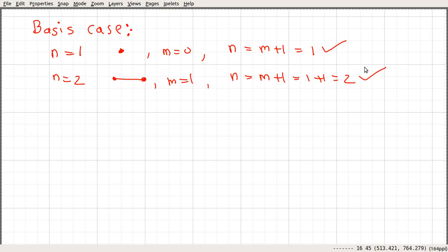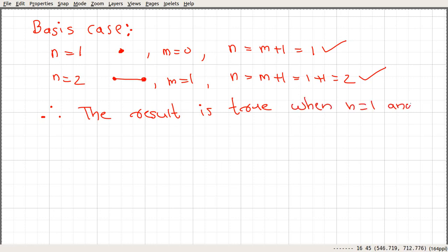We checked for n equal to 1 and n equal to 2, so that's the basis case. Therefore, the result is true when n equal to 1 and n equal to 2.